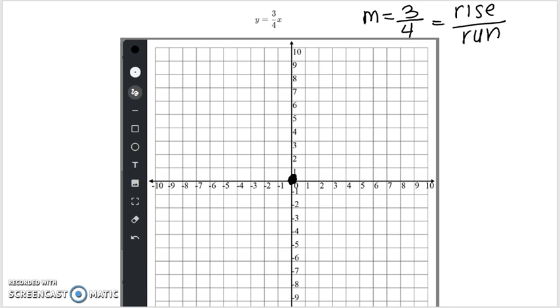So I'm actually going to leave this coordinate, 0, 0, and go up 1, 2, 3, and then I'm going to run positive 1, 2, 3, 4 spaces over. So there we go.